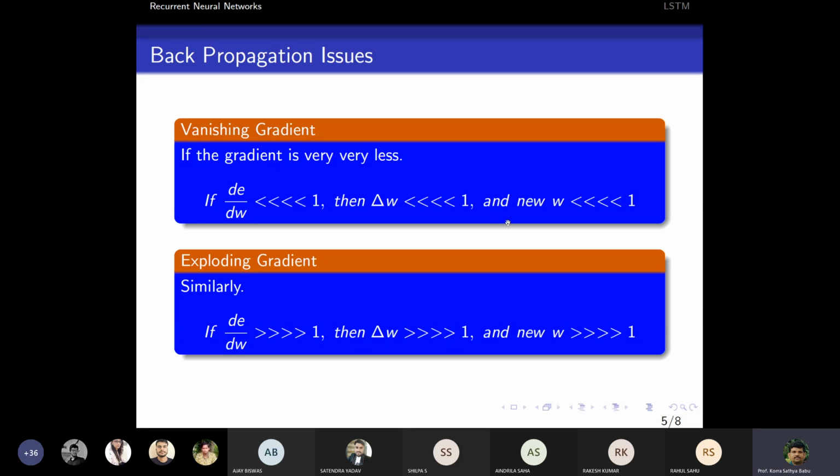And if delta W is less, then the new weight that is adjusted also changes very little. Suppose the weight taken initially is 2, and the new adjusted weight is 2.00000001 or 0.000003. What is the change that you are going to get? So this is basically the vanishing gradient.